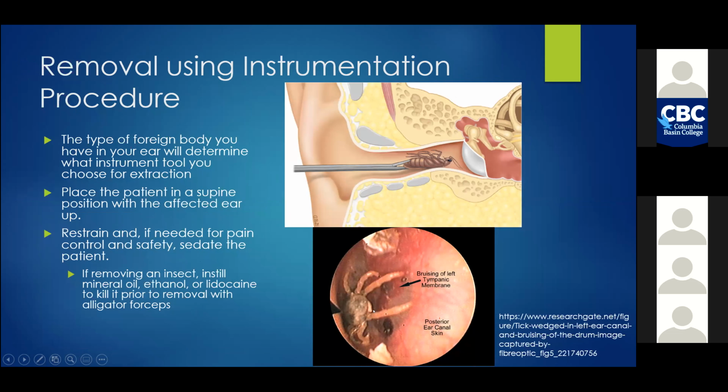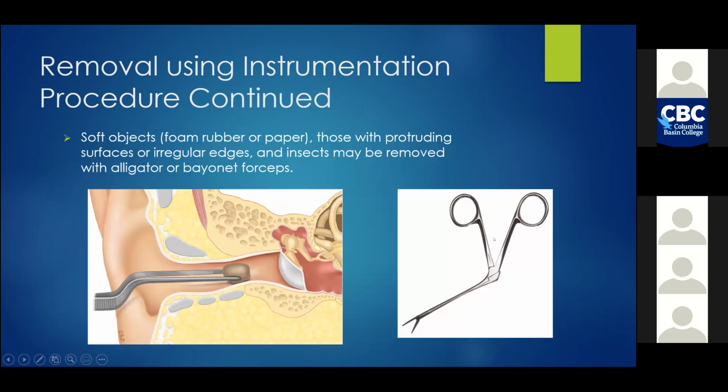And this is a live picture of a tick in the ear canal. So you guys are probably all itching your ears right now. And this one, soft objects like foam or rubber or paper, those with protruding surfaces or irregular edges, and insects can be removed with these alligator forceps or the bayonet forceps.